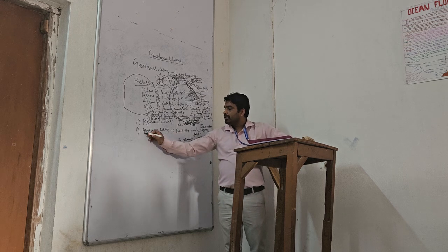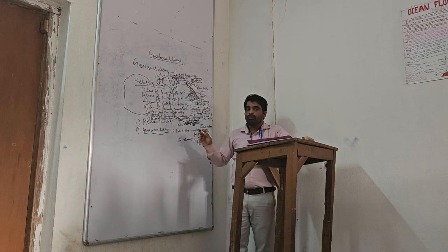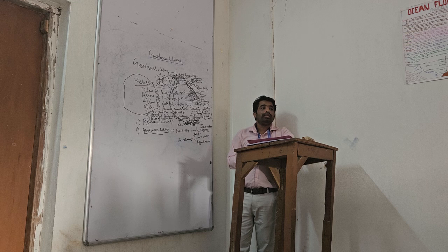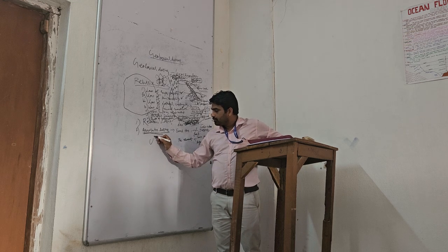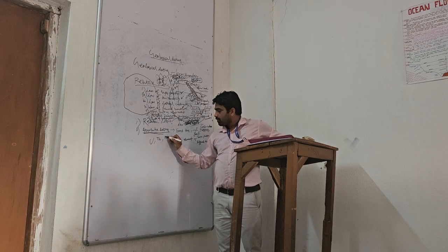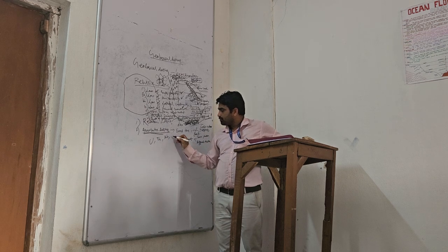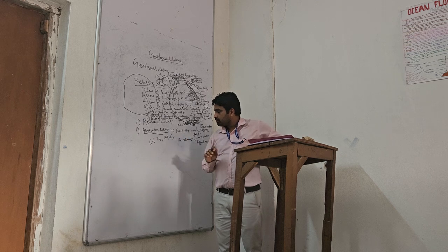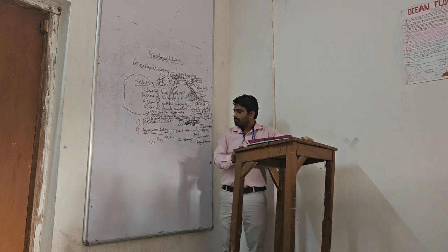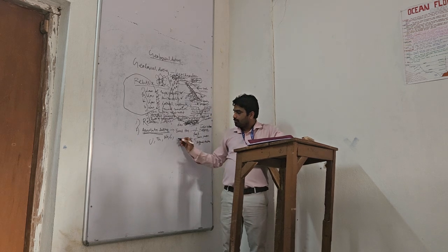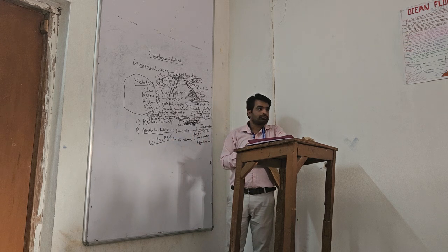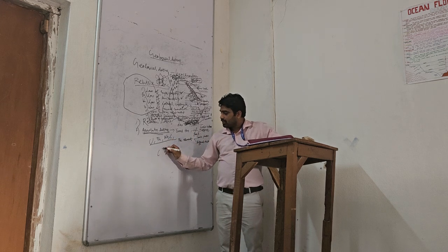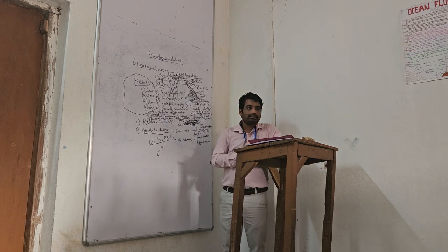So in absolute dating, the more useful radio elements we use are uranium, thorium, rubidium, carbon, etc. Carbon means carbon 14.